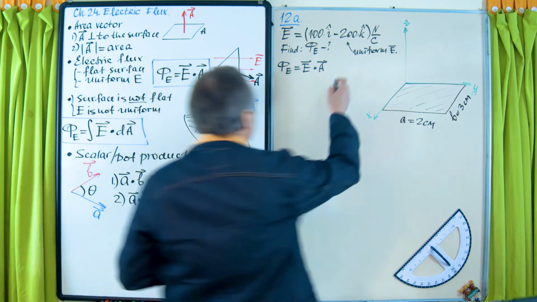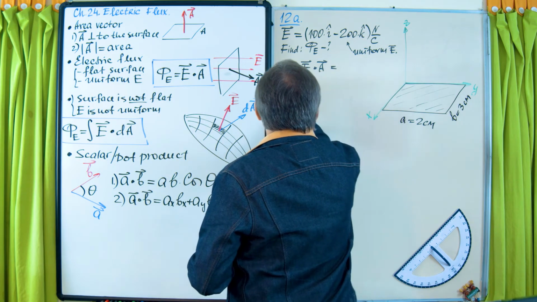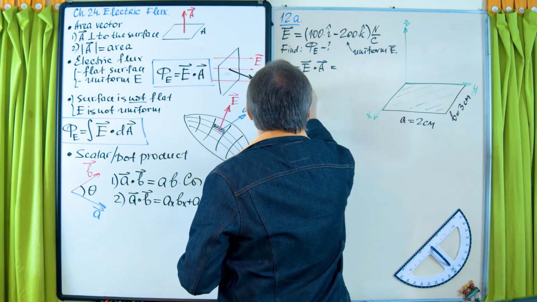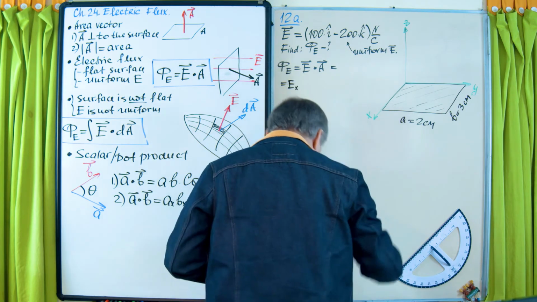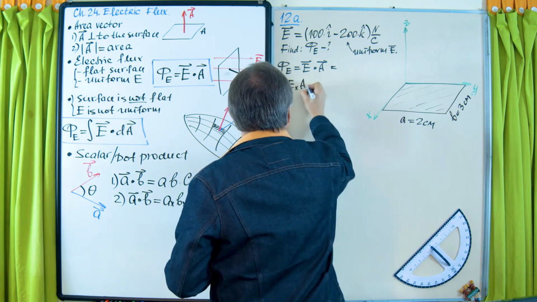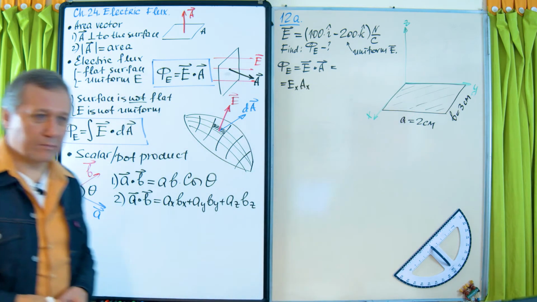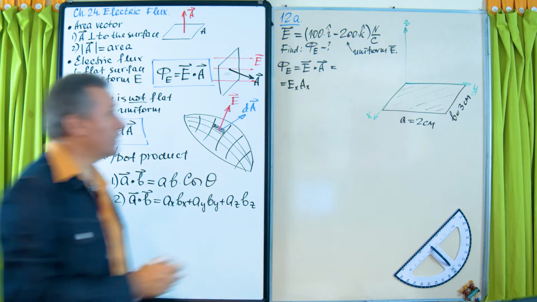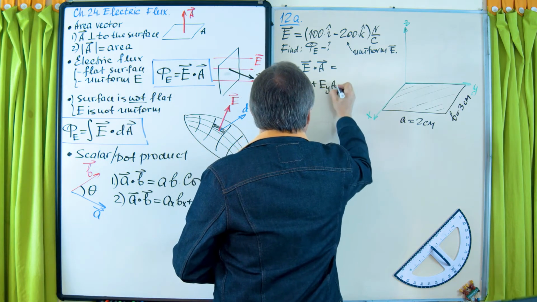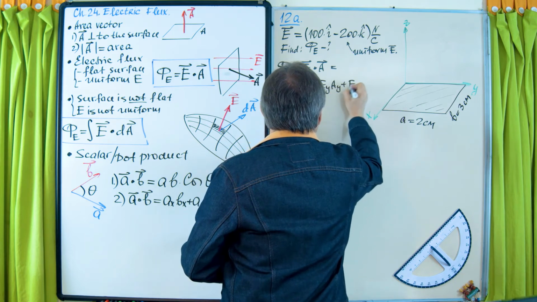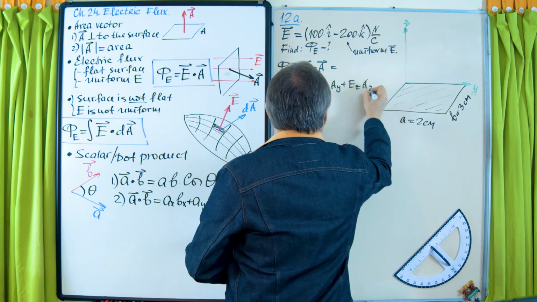So I will just write down explicitly, it will be EX times AX, multiplying x components, then plus product of y components, plus product of z components.